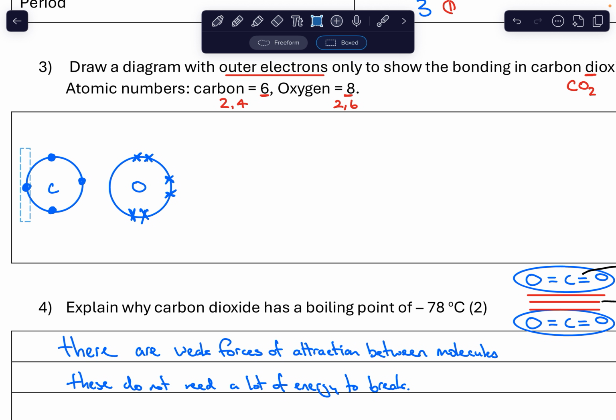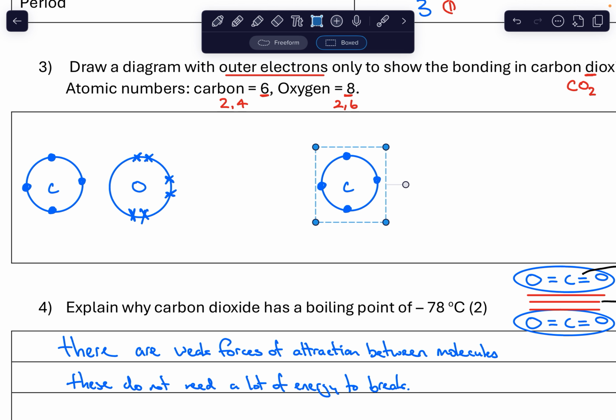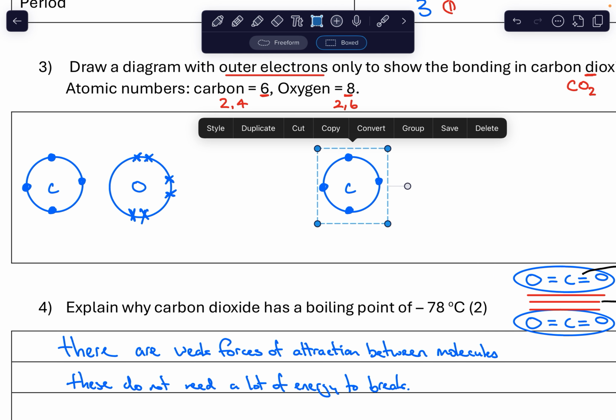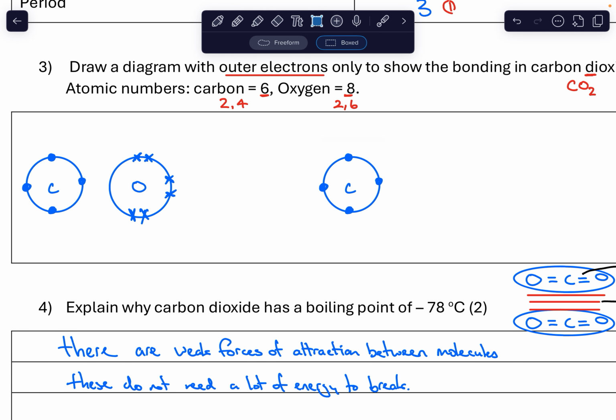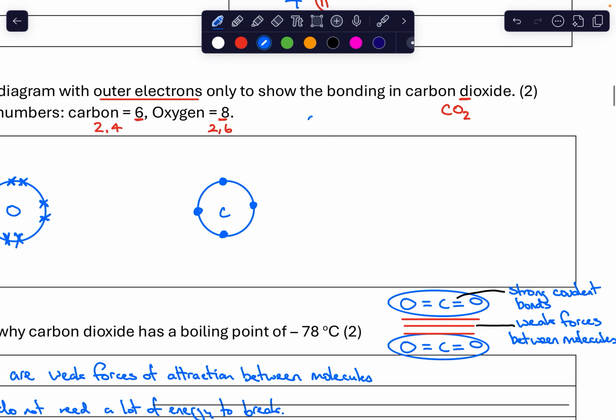Let me take the carbon, and let's just move that over here to a bit of space, okay? So there's my carbon. Now, what we should remember here is that these two elements are non-metals, and because they are non-metals, we are looking at covalent bonding, and covalent bonding is sharing a pair of electrons.